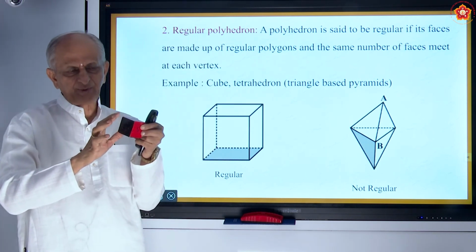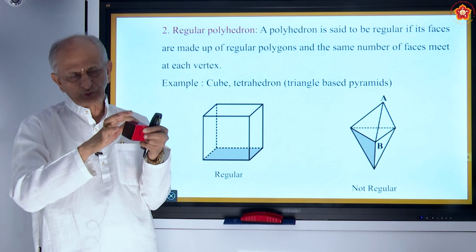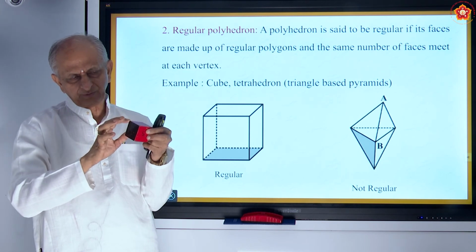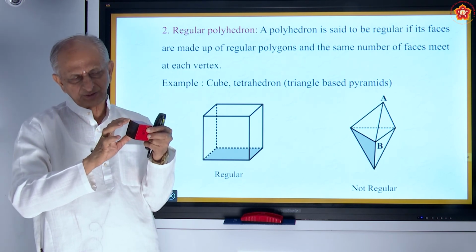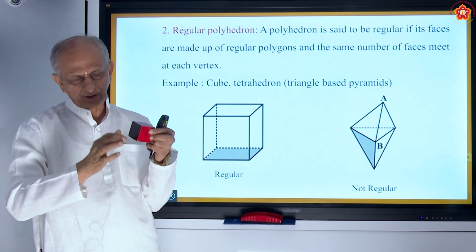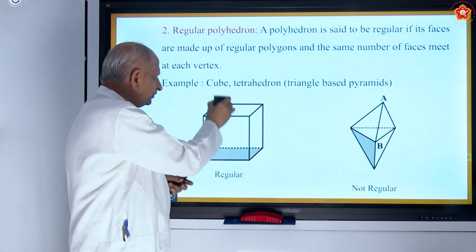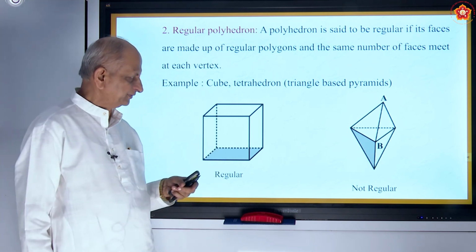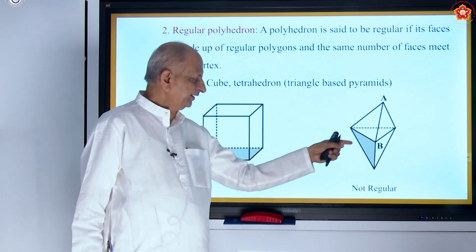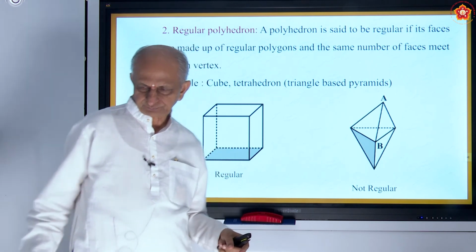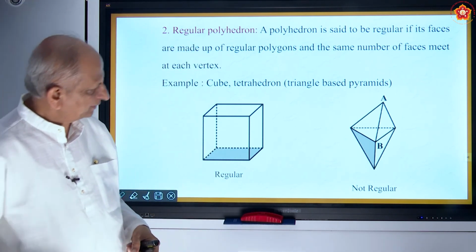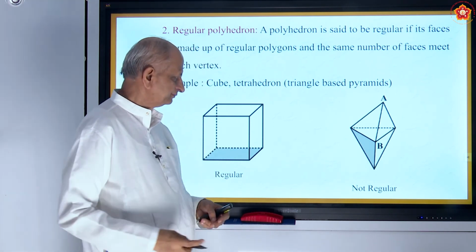See here in this vertex, 1, 2, 3. 3 faces meet. Here also 3 faces. In all these vertices, there will be the same number of faces. Whereas in this case, if you observe, it is called not regular.